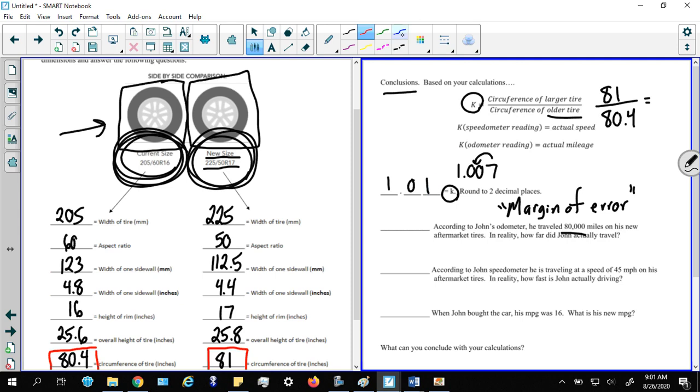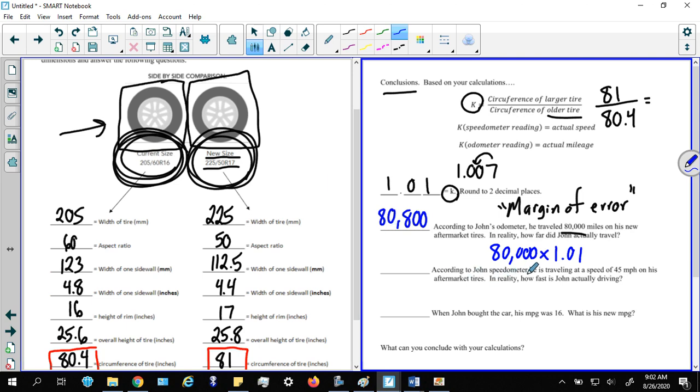So, from a mathematical standpoint, to figure out how far you've actually driven in reality, you take your 80,000 and multiply it by K. When you do that, in reality, your car has driven 80,800 miles. So what your car says and what reality is are different because you never calibrated your odometer.